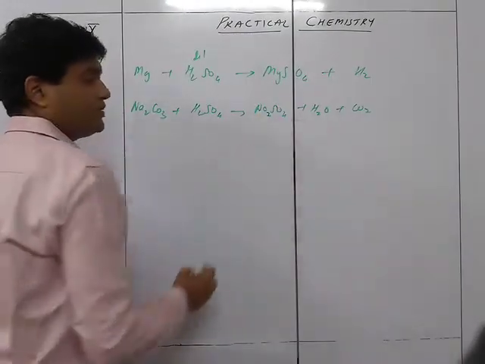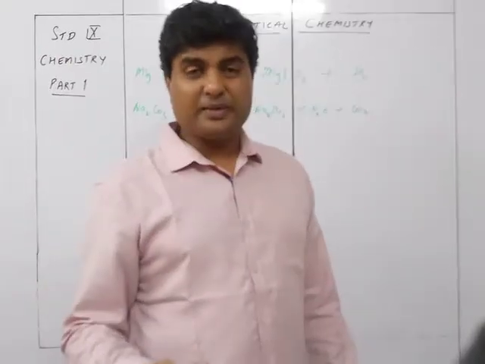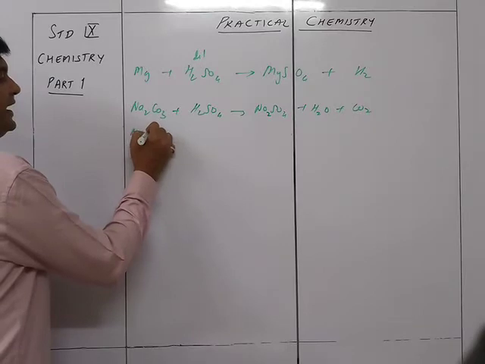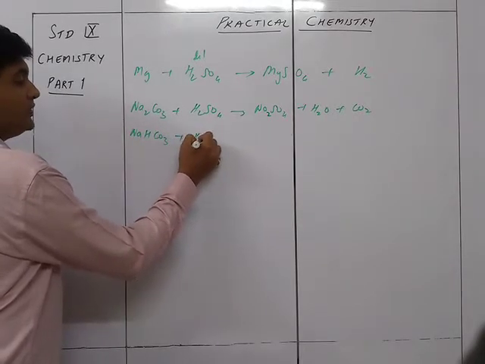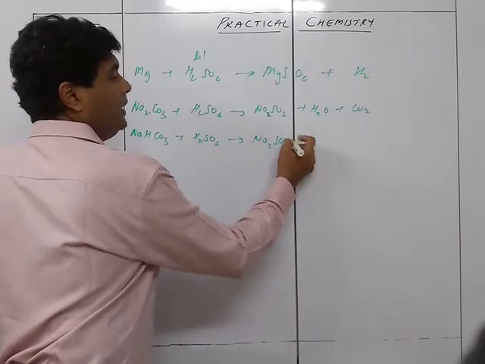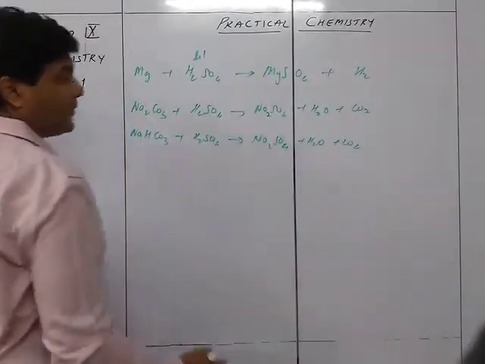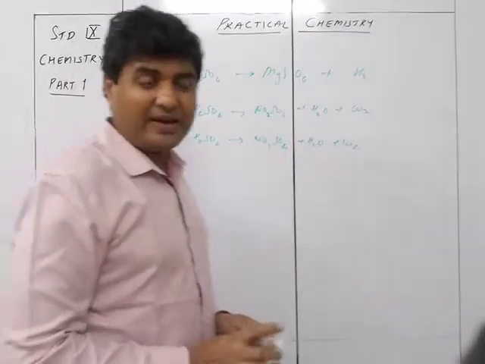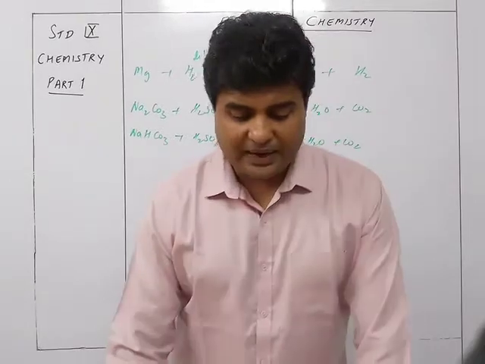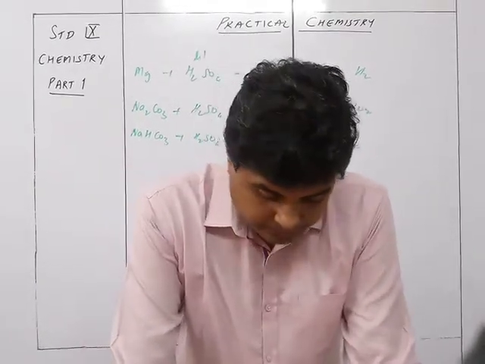Even if I take bicarbonate, NaHCO3 plus H2SO4, it remains the same. It gives me the same thing, Na2SO4 plus H2O plus CO2. So whether I take a carbonate or a bicarbonate, the end result will be that I get a salt plus water plus carbon dioxide.